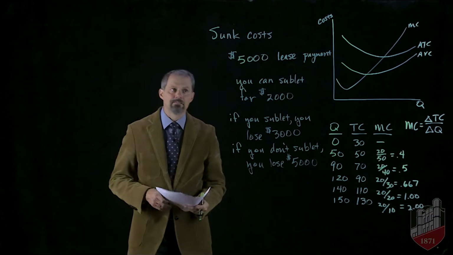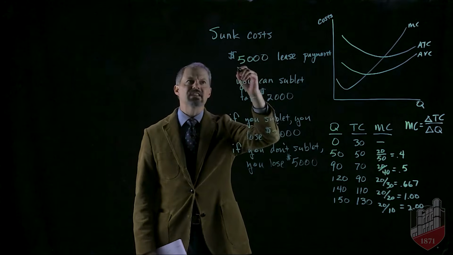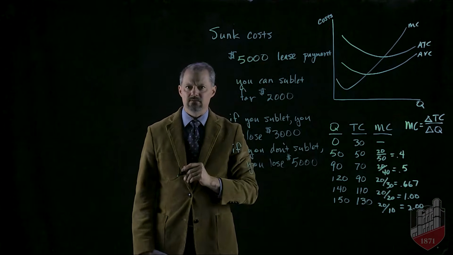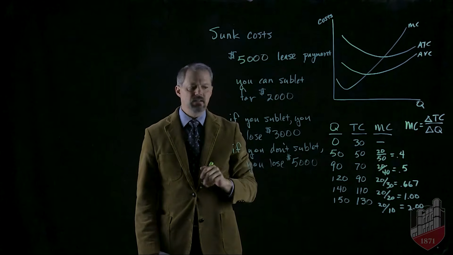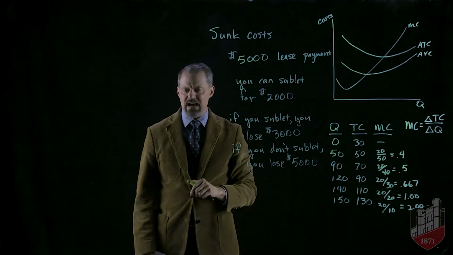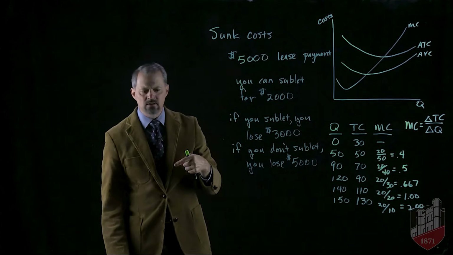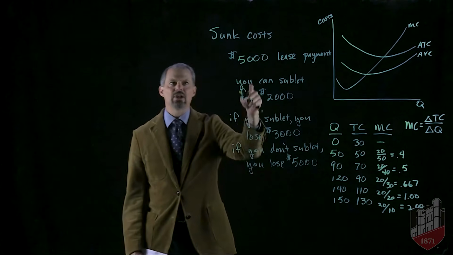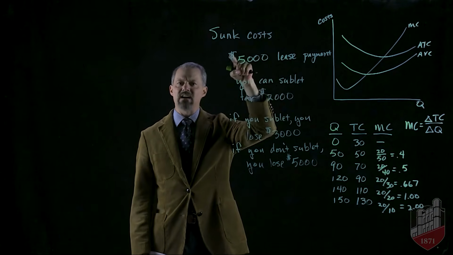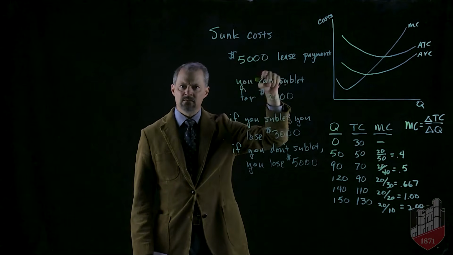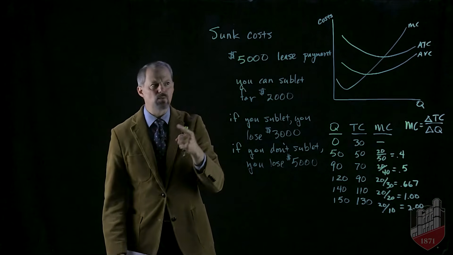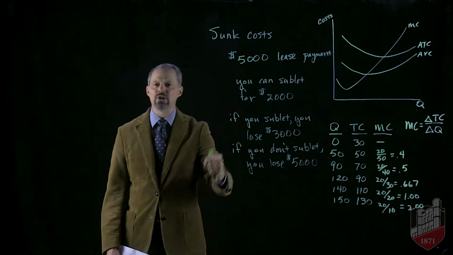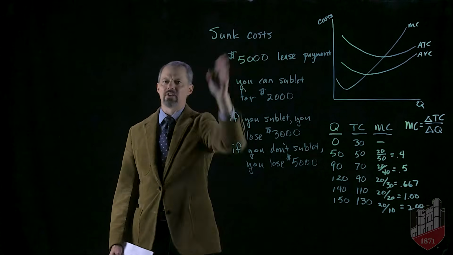Here's the point. The magnitude of this doesn't matter at that point, right? In fact, these numbers don't really even matter at that point. The decision of whether or not you should sublet it should have nothing to do with that $5,000 payment. You're on the hook for that, whether you sublet it or whether you don't. You should ignore that.